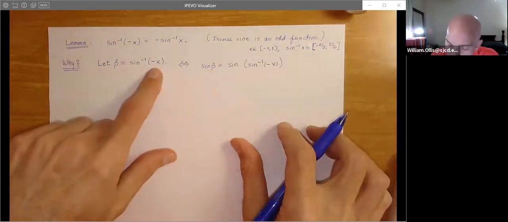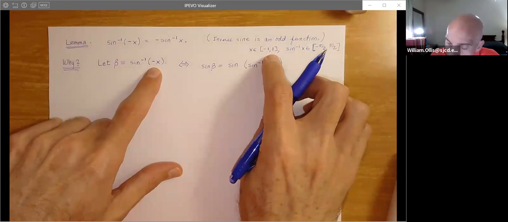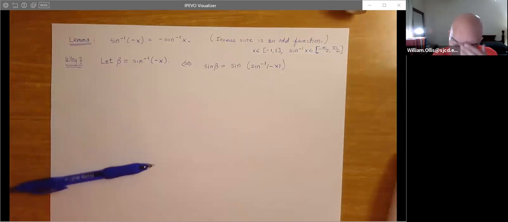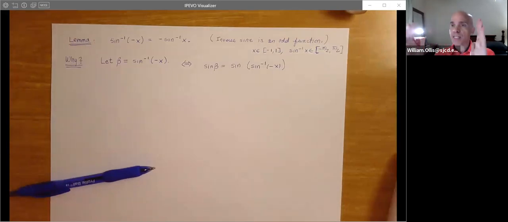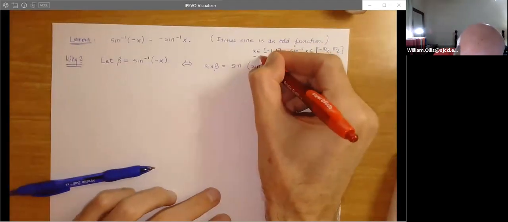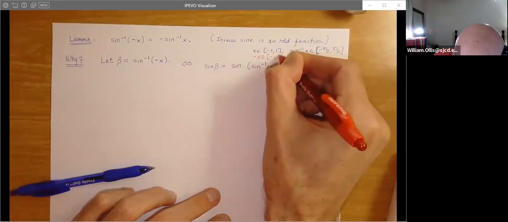So now, of course, if we look here, and this is what's so nice about this, notice that if x lives here in this symmetric interval, negative x does also. Because when you've got the symmetry about the origin, if you run the negative through, you're still going to end up with a -1 and a 1 with the same interval. So this automatically gives us, which is very useful, that the negative x also lives in there.